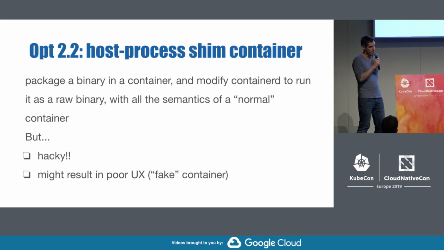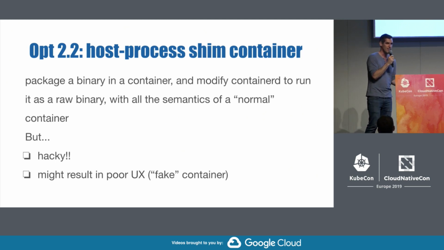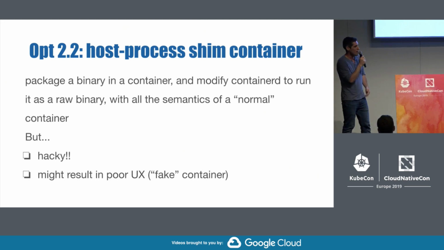It's basically a hack: we're going to change containerd to pretend that we run a container, with all the semantics and external appearance of a container, but actually just a raw process in the host. That would be a hack at the containerd level, and that would allow us to use all the goodies that come with Kube.